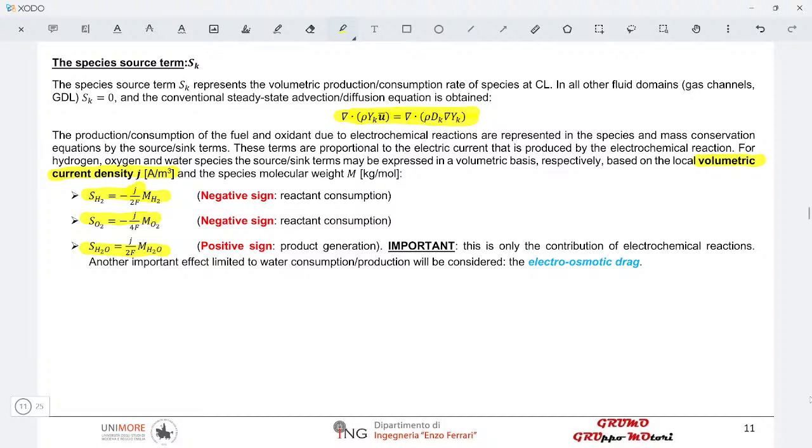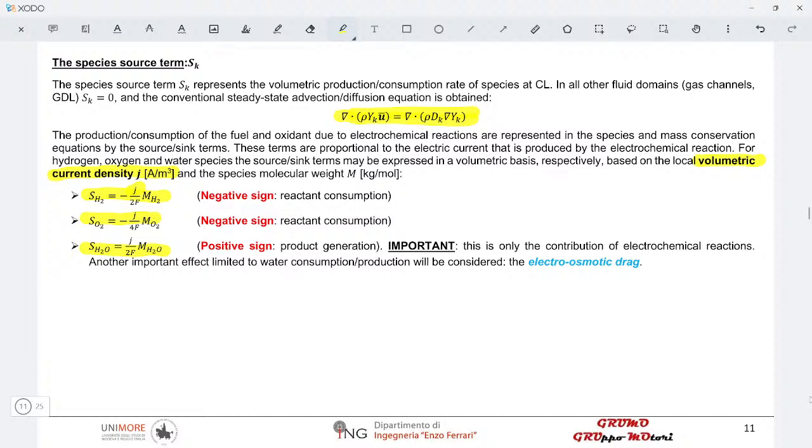The membrane absorbs some water, okay, at the anode side, and it will release this water at the cathode side. So we might include in the general equation a negative term for water at the anode and a positive term for water at the cathode, which will be summed to this term, but which will be different in nature.